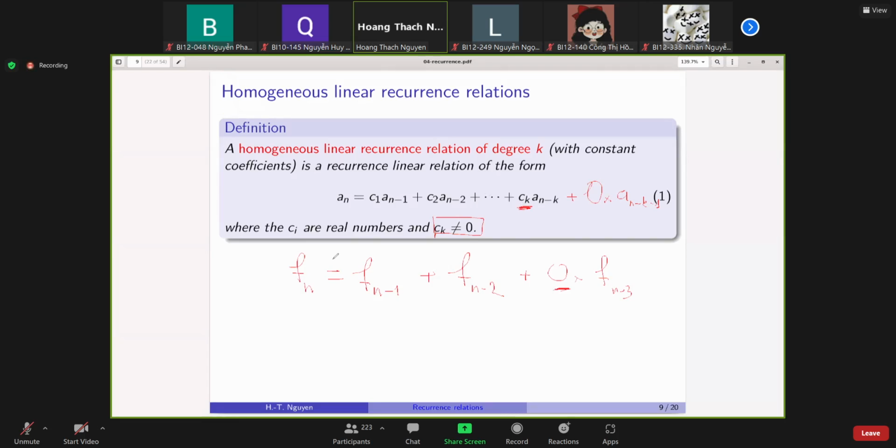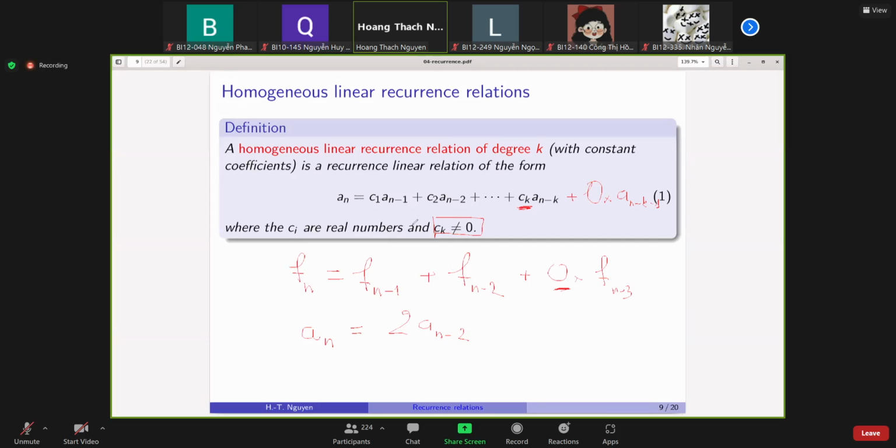But note that if we have a sequence defined by a n equal to, for example, 2 times a n minus 2, this is also a recurrence relation of degree 2.